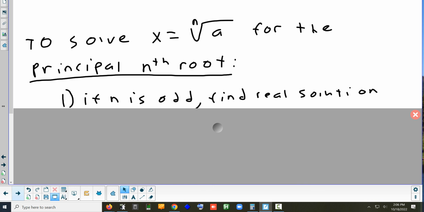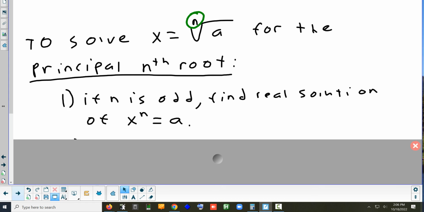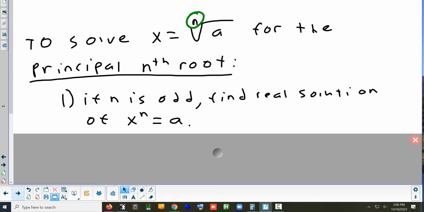So the way you find the one answer that they're looking for depends on one of two things. Is the index an odd number or is it an even number? If it's odd, what you're basically doing is solving this kind of equation.